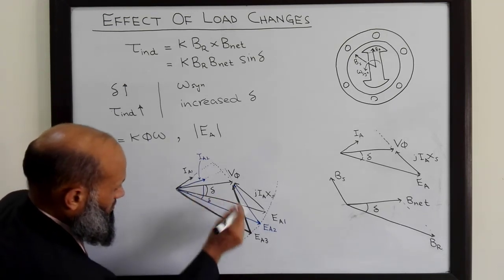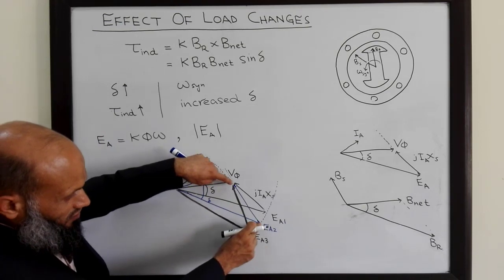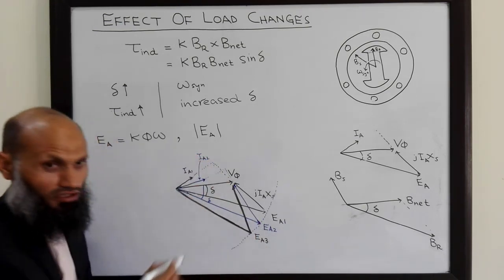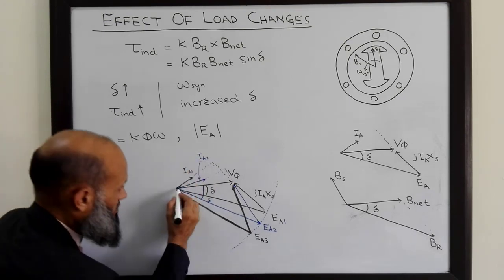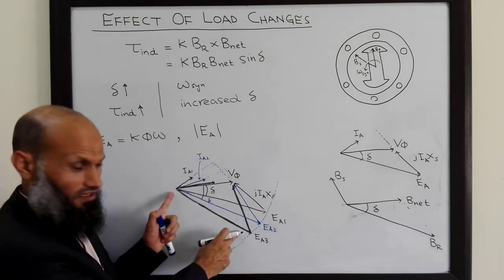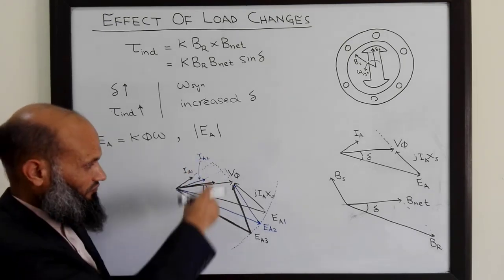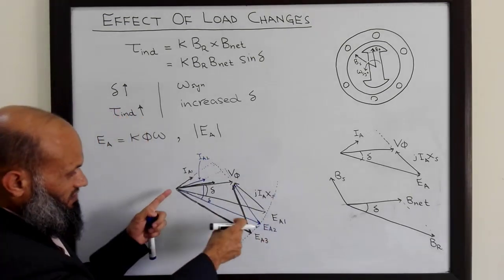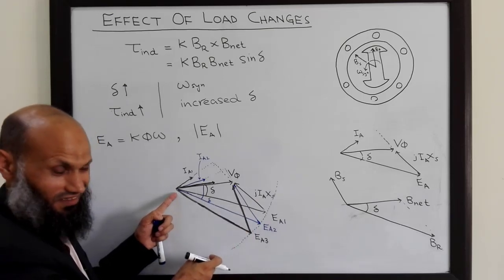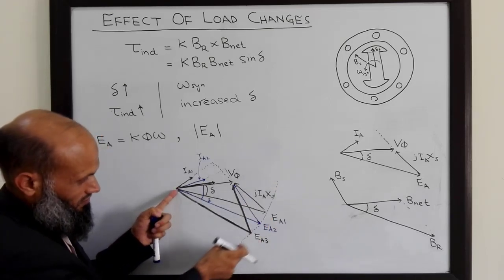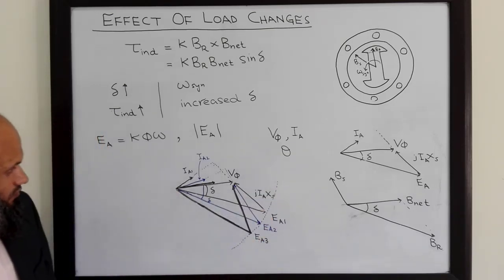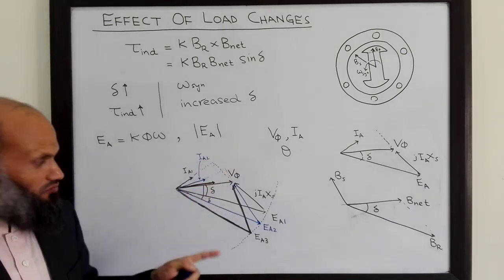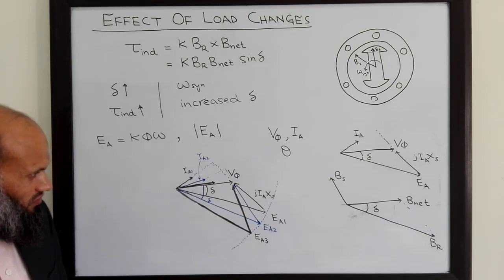This length is still larger than this one, and you have more increase in armature current. So this thick line corresponds to a further increase in the load torque. That is, this vector for EA swings down along this curve. So these are the phasor diagrams for the synchronous motor corresponding to different loads.